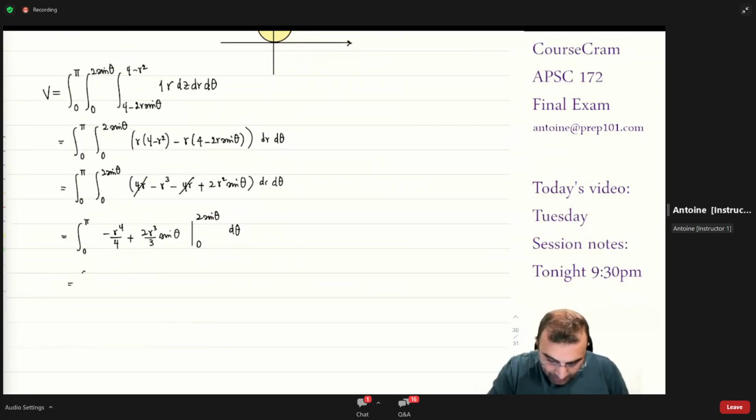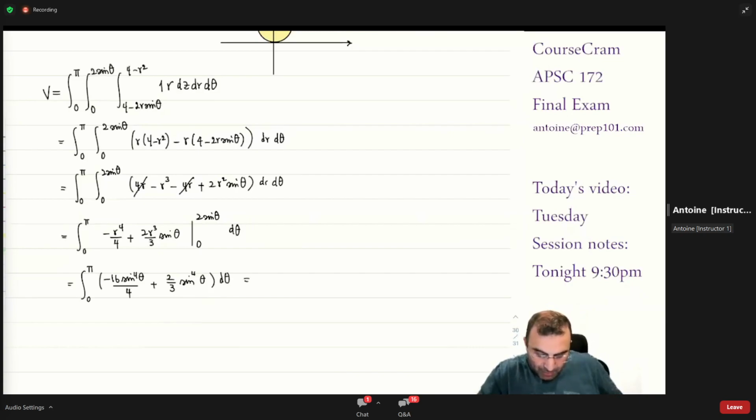So when I put in 2 sine theta, this is going to give me minus 16 sine to the 4 theta over 4 plus 2 over 3 sine to the 4 theta, d theta.